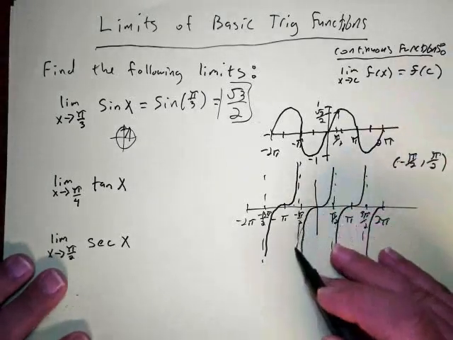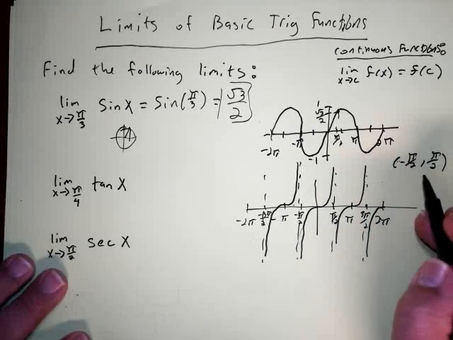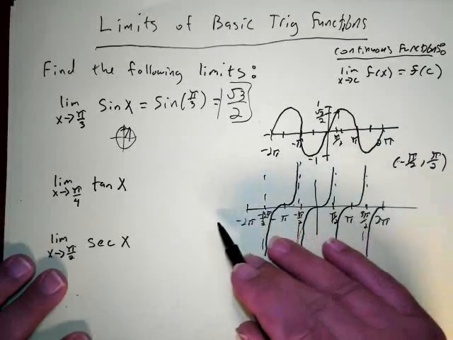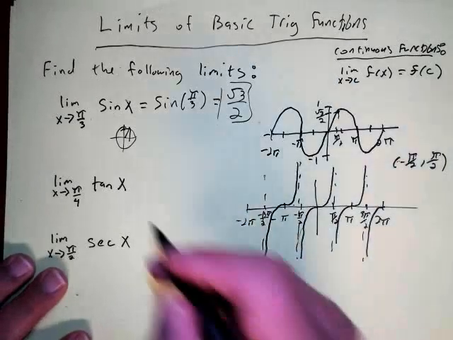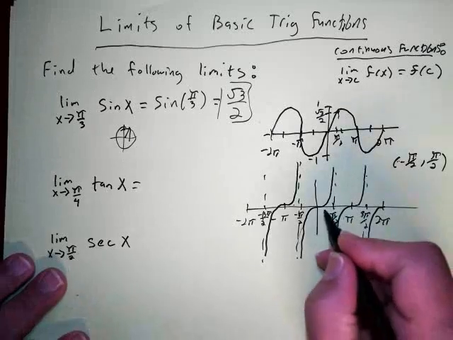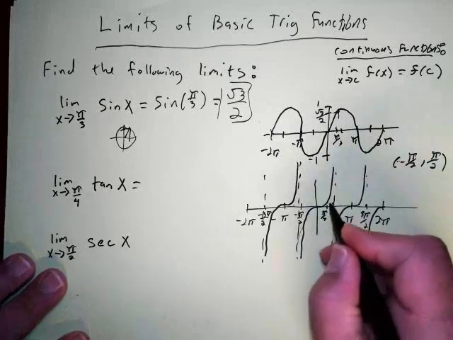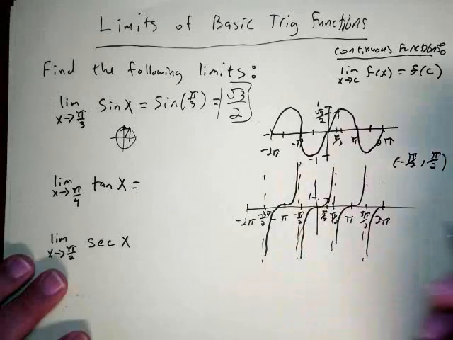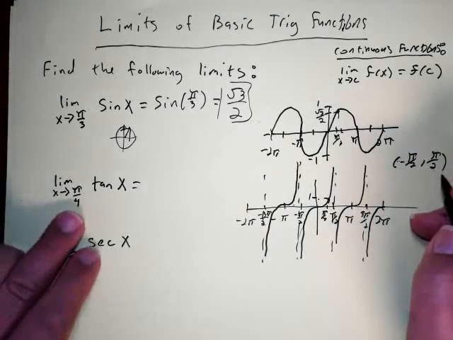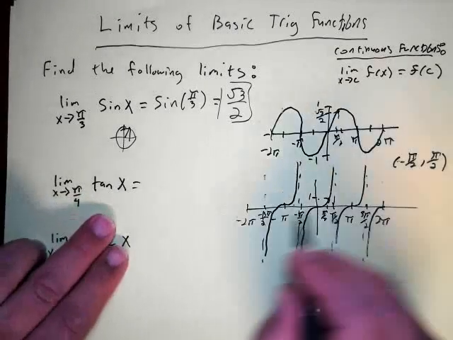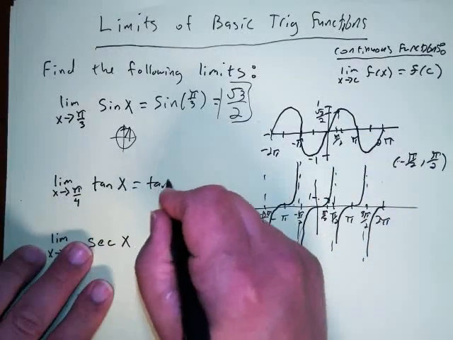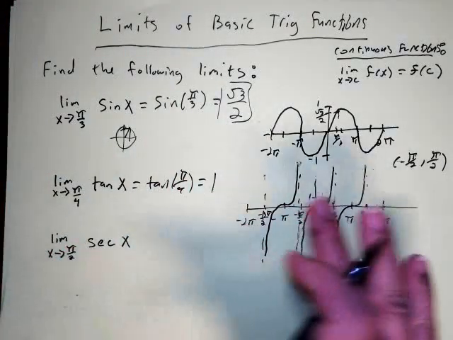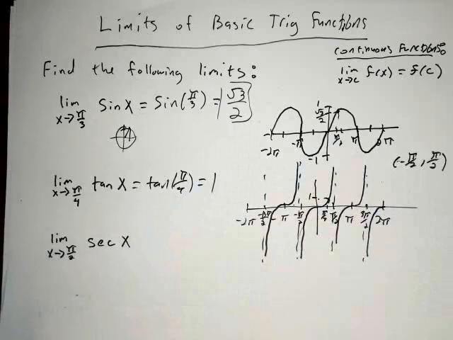But if you're inside the open interval, and you're not at one of those endpoints where you get the asymptote, it is continuous, and you can just plug it in. So pi over 4 is right over here, and we know that tangent of pi over 4 is 1. So if your c is in this interval, you can just evaluate the tangent at that point, in this case equal to 1. So you can take the limit there, no problem.